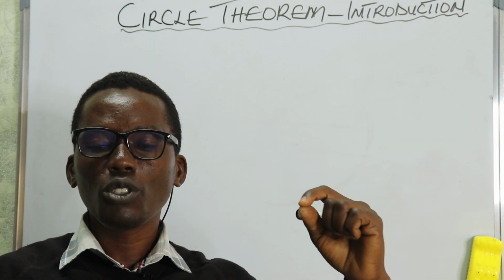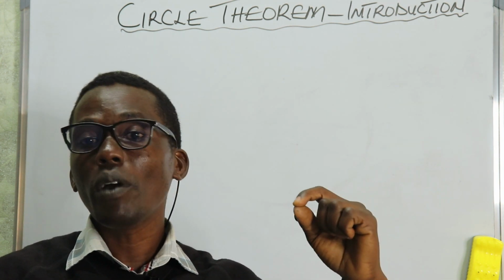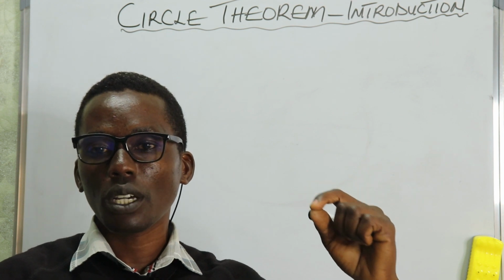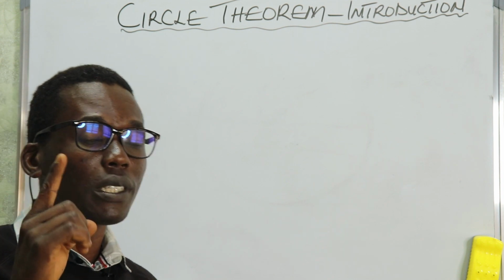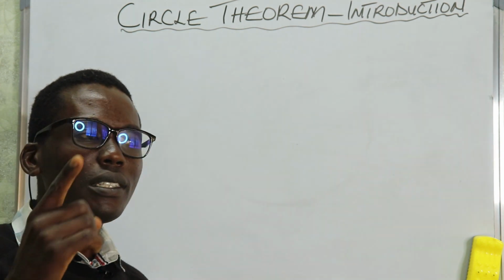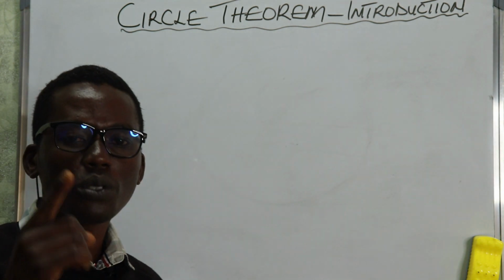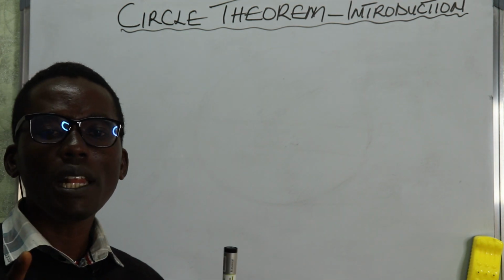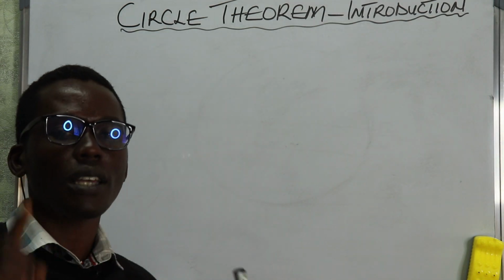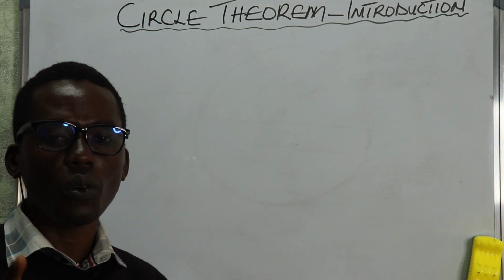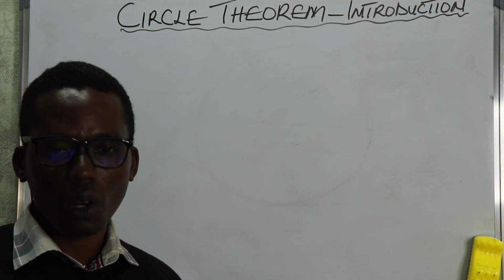At times, it passes through the center of the circle, and when it does, we call it the diameter. And that is why we say the diameter is the longest chord of any circle. So when a line joins 2 points on the circumference of any circle, that line is called a chord.